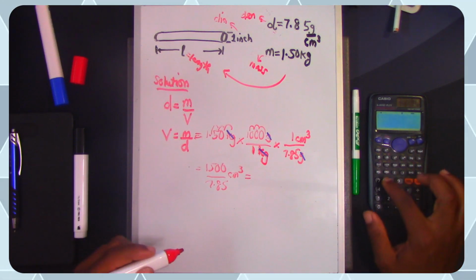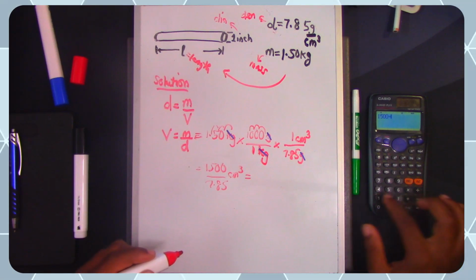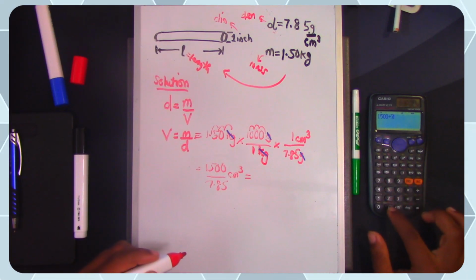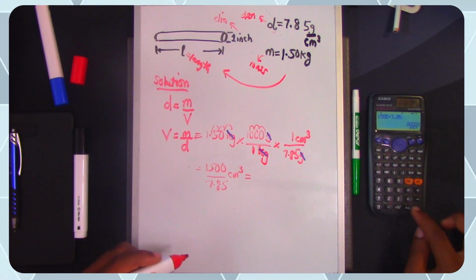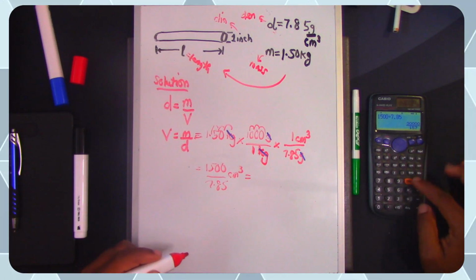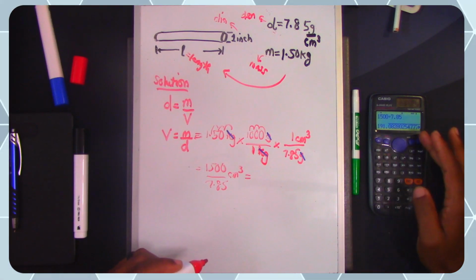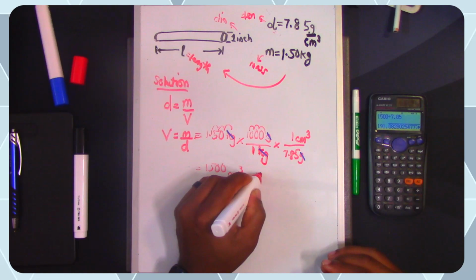Once we do this, we have 1500 divided by 7.85. This gives us our value in fraction. We're just going to change this right away to what? Decimal. And this here is a repeating decimal, but we'll just keep it short.